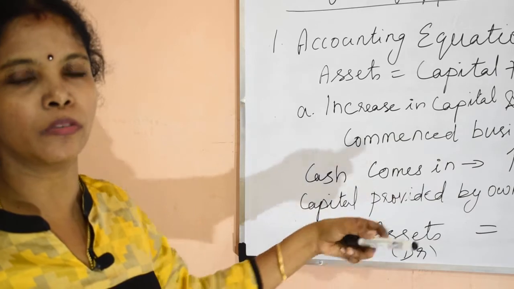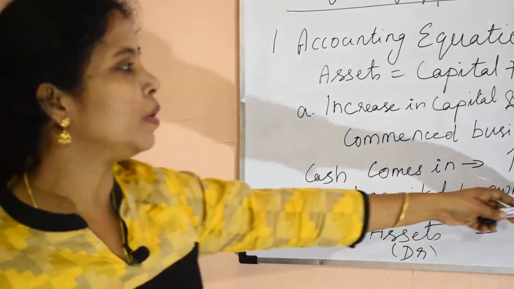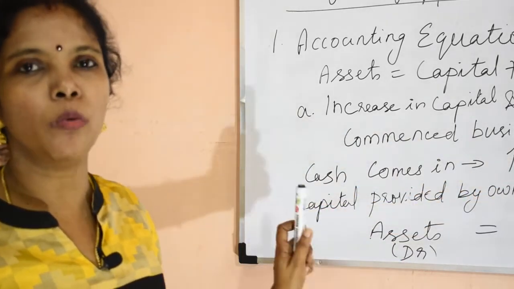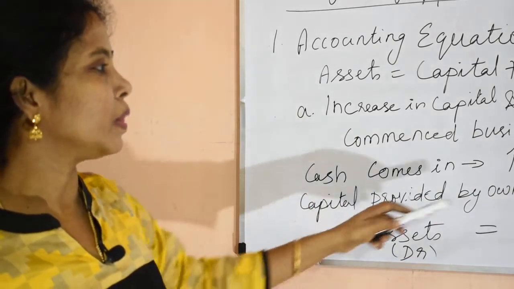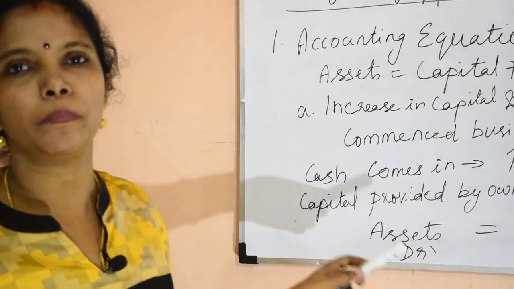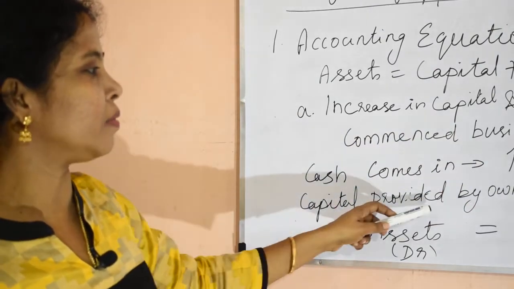So the business has to pay the liability. Liability means owing. The person who gives the money to the business is the owner.